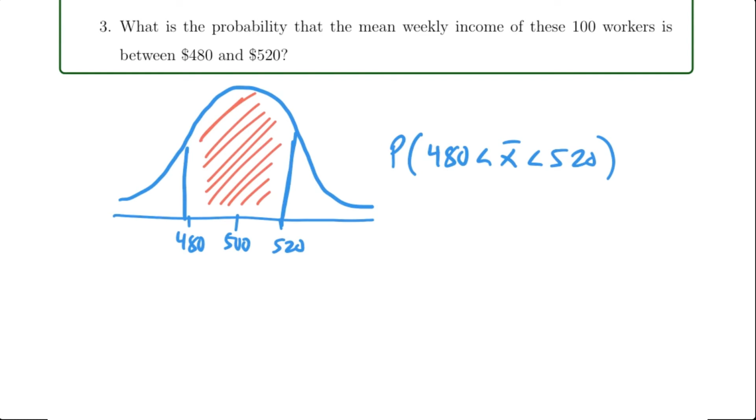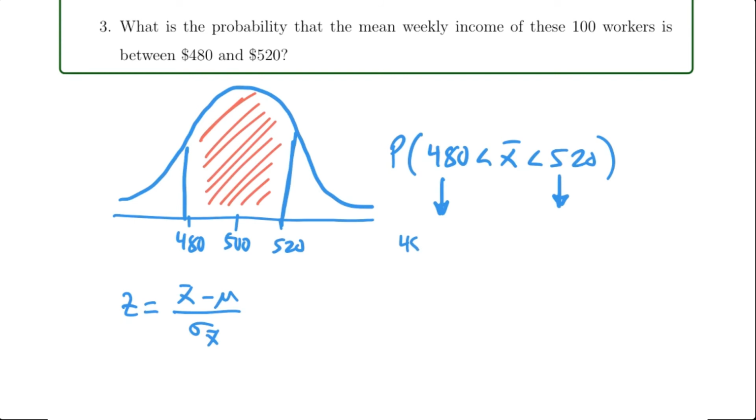I want to convert both of these to z-values using x bar minus mu over the standard error.